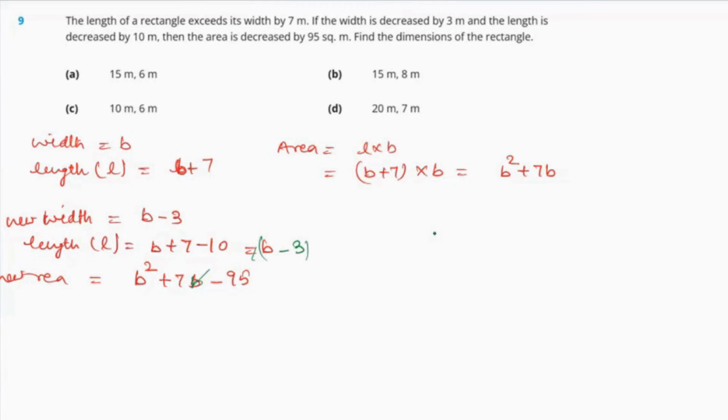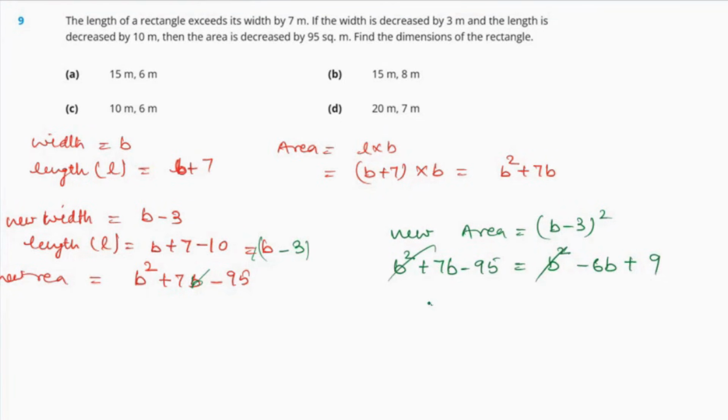If we figure out the new area according to the question, we get b minus 3 times b minus 3, which gives us b minus 3 whole square. And the area is already reduced by 95 square meters, so the new area should be b square plus 7b minus 95. When we solve this, we get b square minus 6b plus 9. Correct, b square we can cancel out. 7b plus 6b should equal 9 plus 95.